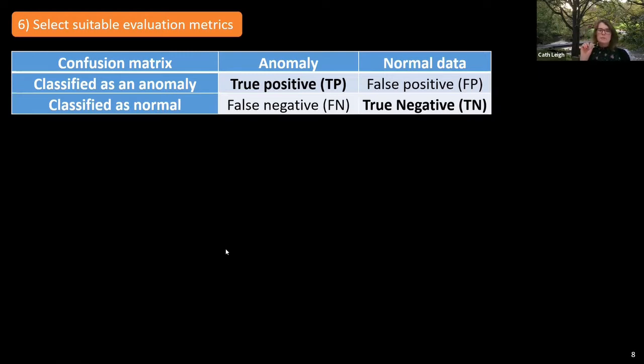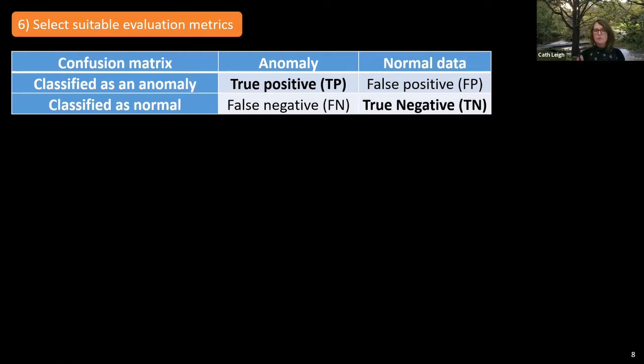We have in the time series data, anomalous observations and normal data. Now, if our anomaly detection method detects an anomaly as an anomaly, it's a true positive, TP. If it detects it as normal data, then this is called a false negative.